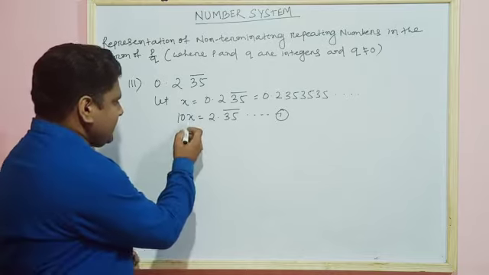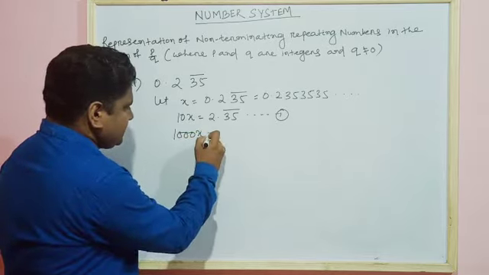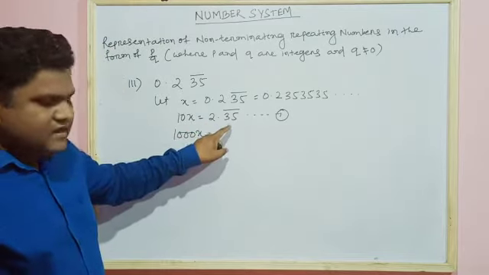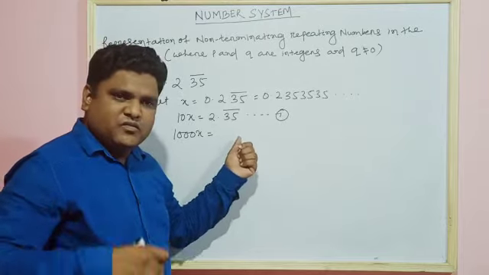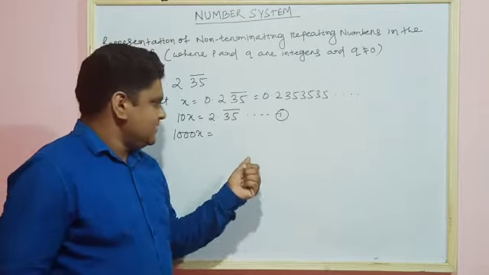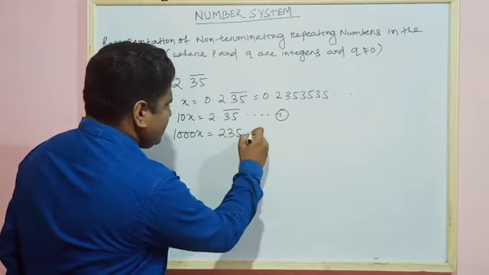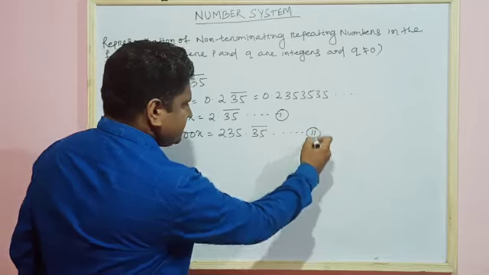So 10x into 100 will be 1000x, equal to, when we multiply 100 in a decimal number, the decimal moves forward 2 places. So it will be 235.35 bar.